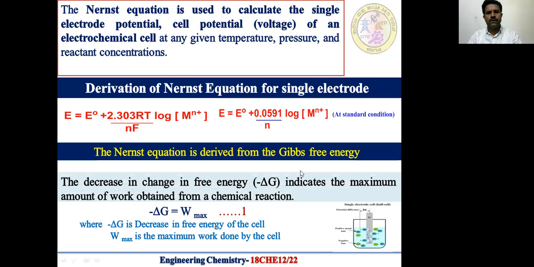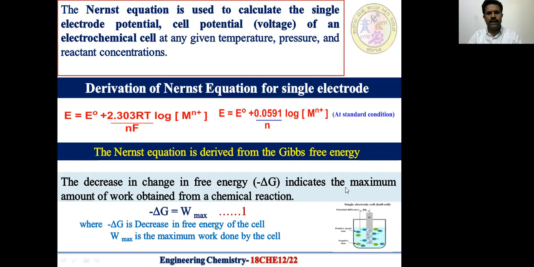So let's start the derivation of the Nernst equation for a single electrode, starting with Gibbs free energy. Gibbs free energy is nothing but the amount of available energy that can be converted into useful work, which is called free energy.